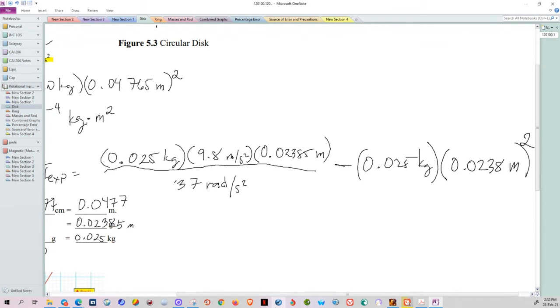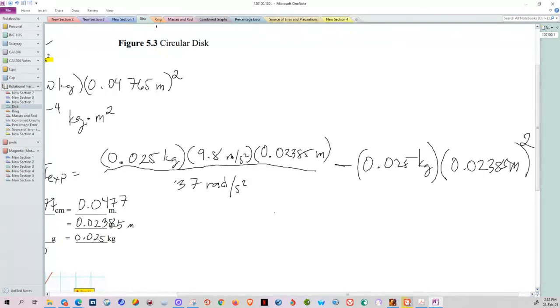One second, I missed something in my calculator. There you go. Okay, I have an answer, 1.437.